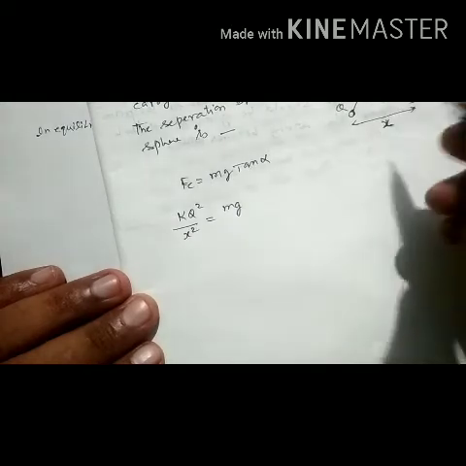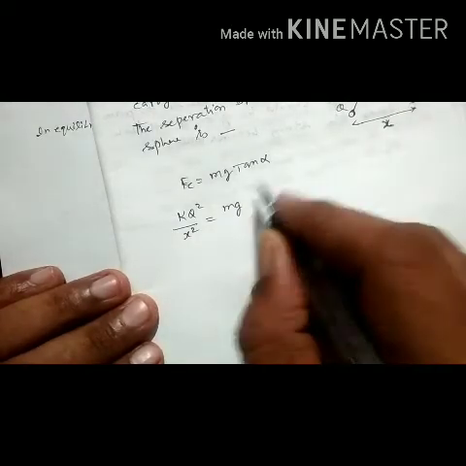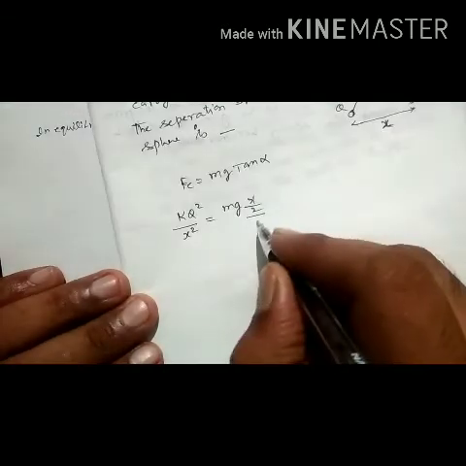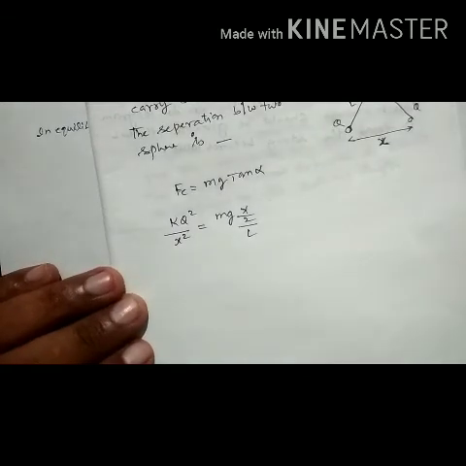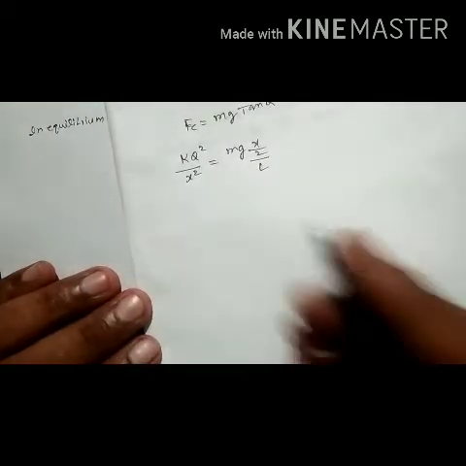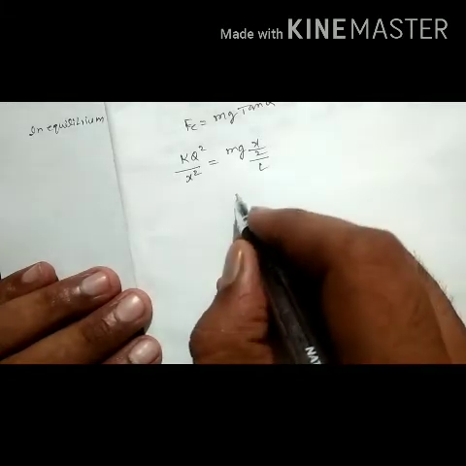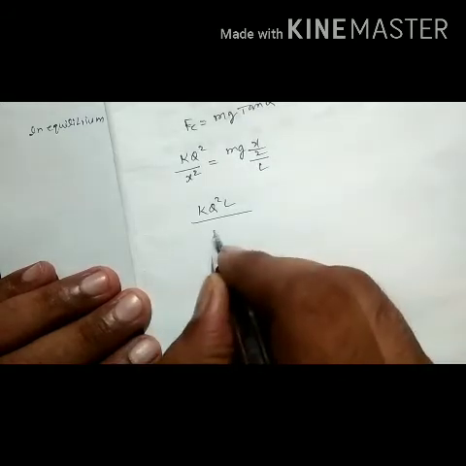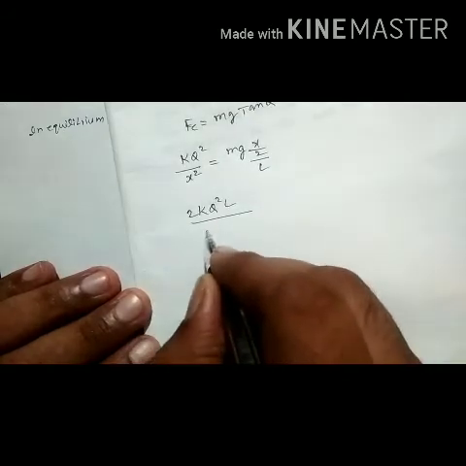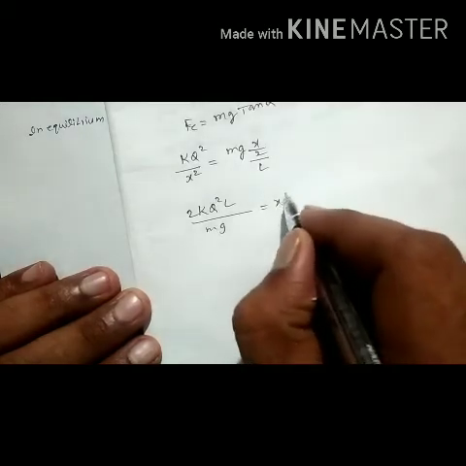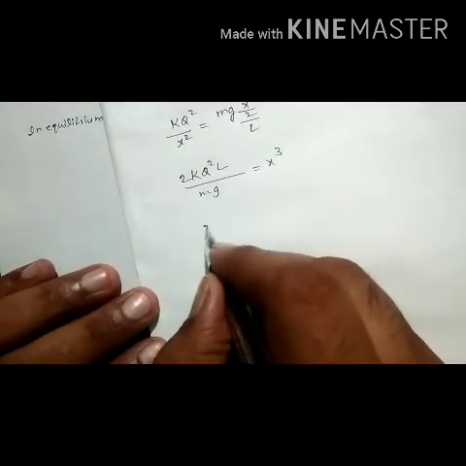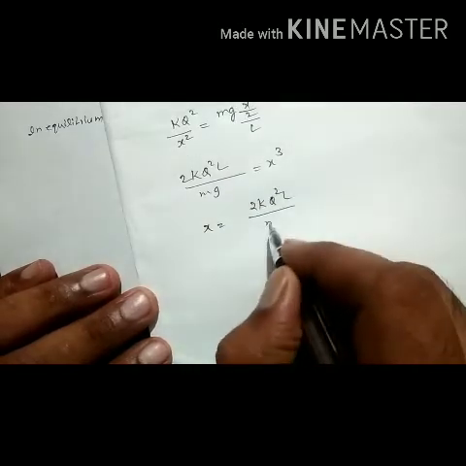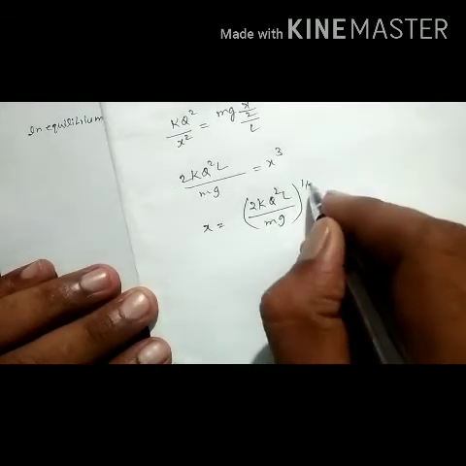If this angle is alpha, tan alpha is the opposite side, x by 2, divided by approximately L, since it is root of L square minus x square, and if x is very small, I will take it as L. See what answer we get. So k q square L by 2 mg is equal to x cube, and x is equal to 2 k q square L by mg, whole to the power of 1 by 3.